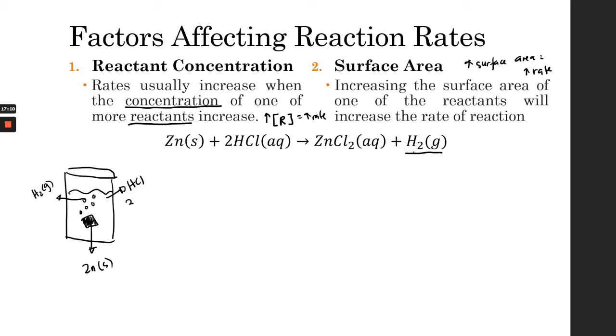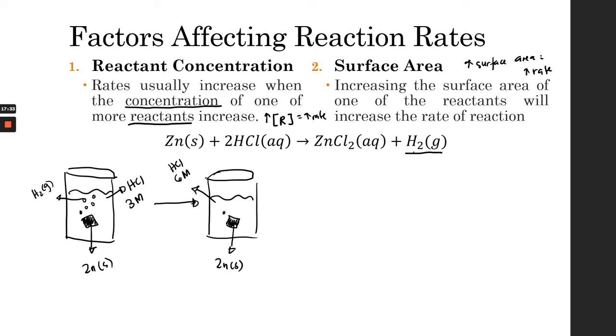Let's say we have 3 moles of HCl and we want to increase that. Instead of having 3, we increase it to 6 moles of HCl, and we have that same zinc solid. What will happen is you would have an increased release of hydrogen bubbles. Here you have 5, here you have much more.